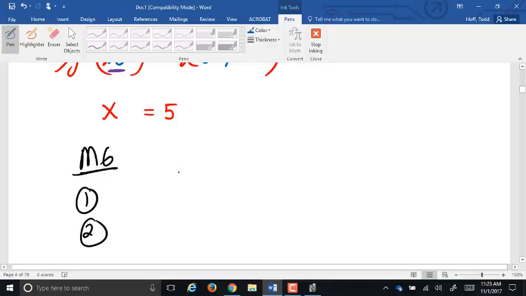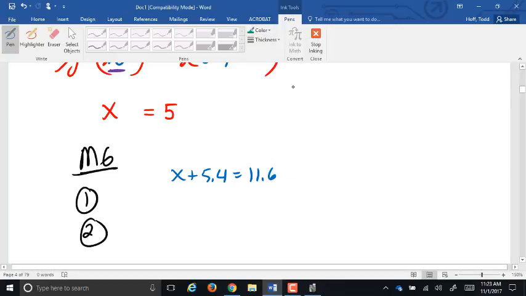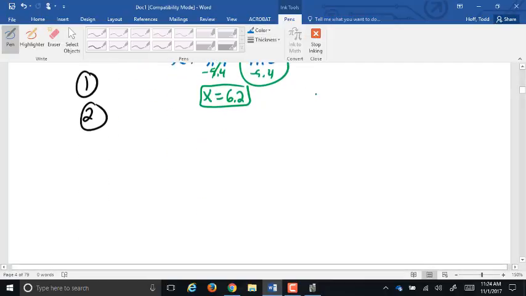In number 1, we had x plus 5.4 equals 11.6. What do you have to do to solve that? Perfect. You subtract the 5.4 and you get x equals, careful, 11.6 minus 5.4. 6.2, there you go.